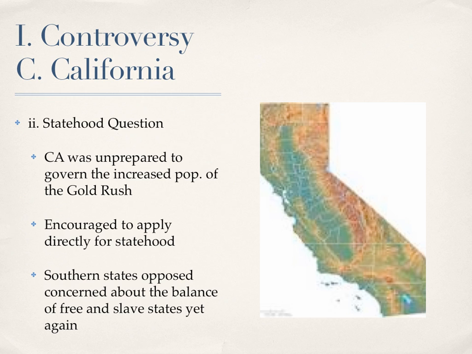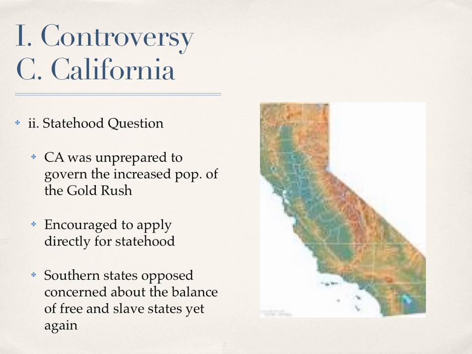Okay. So now we have the question of statehood for California. California is not really prepared to handle all of this increased population because of the gold rush. So the government pretty much encourages them to apply directly for statehood, to skip the whole territory process. And the southern states don't really like that because they're worried about the balance of free and slave states again, because they're pretty sure California is not going to come in as a slave state.